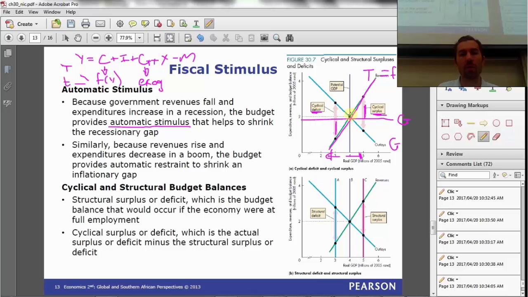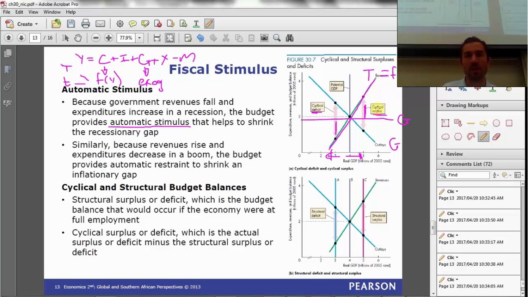If, however, we entered into a recession, the budget would become a deficit. If we entered into an inflationary gap, in other words, we started expanding above potential, we would end up with a surplus. And again, that surplus has the effect of decreasing aggregate demand, right?